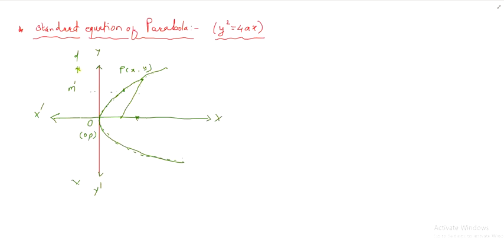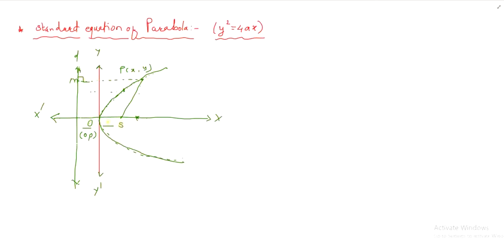For the purpose of distance, I am making these changes, because I want to take this distance and this one the same.